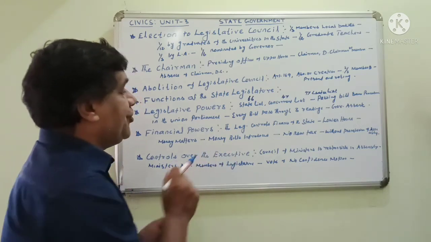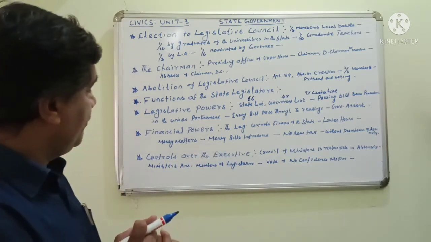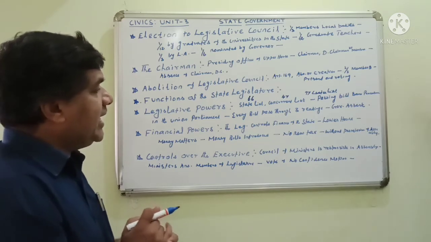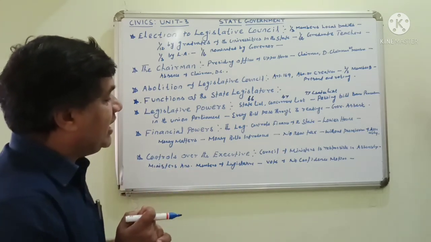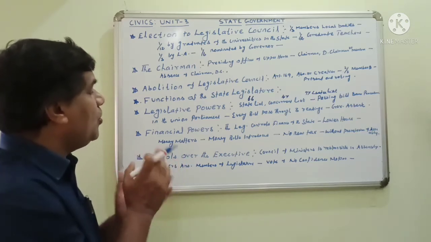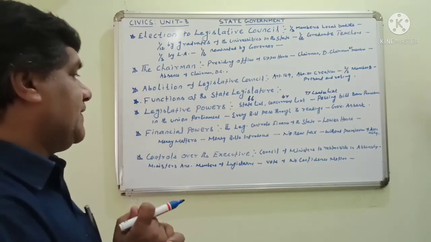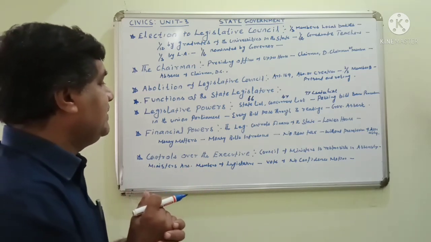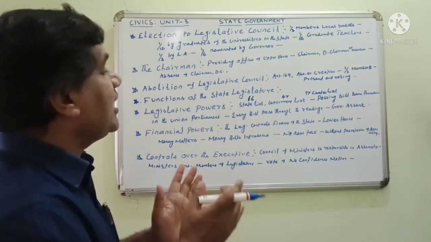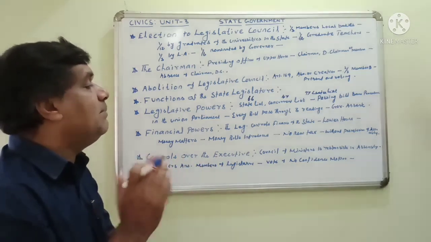Control over the executive. The state legislature has control over all the executives. Many ministers are appointed. Particularly, the Council of Ministers is responsible to the assembly.